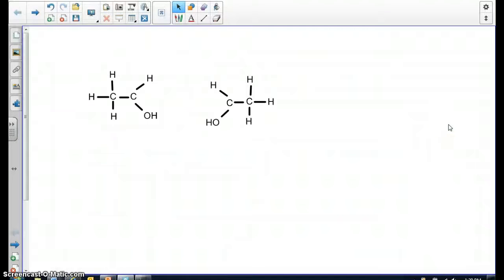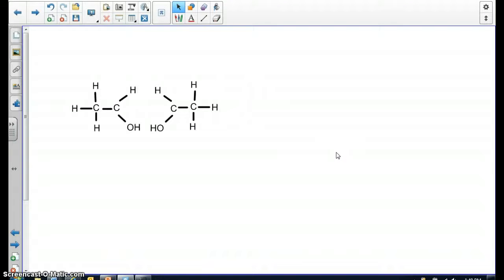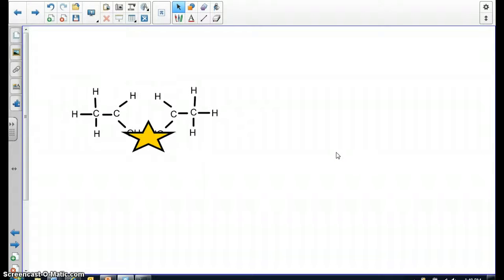Let's look at an example of how that would work. Here is an example of a monomer. This is just a generic drawing. And here's an example of a second monomer. As you can see, we've got those hydroxyl groups here. As these 2 monomers move towards one another, there's going to be that dehydration reaction. Sometimes you'll also see this considered a condensation reaction.